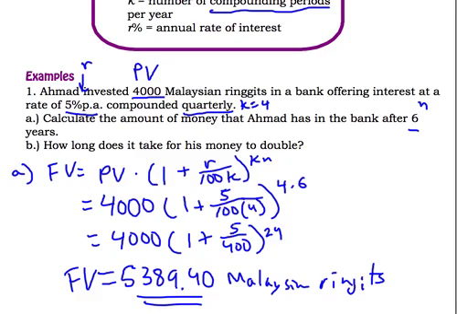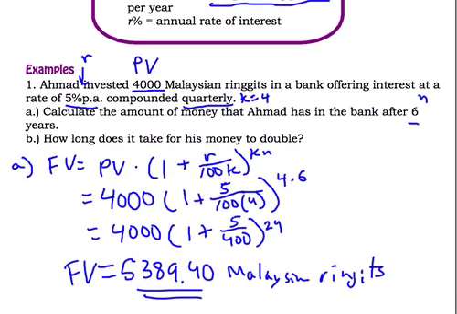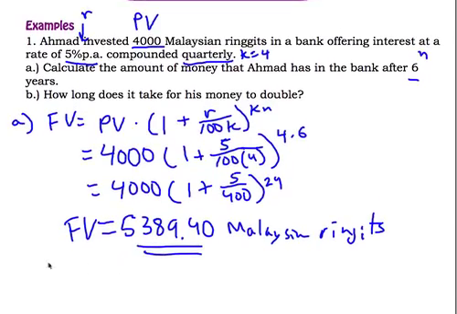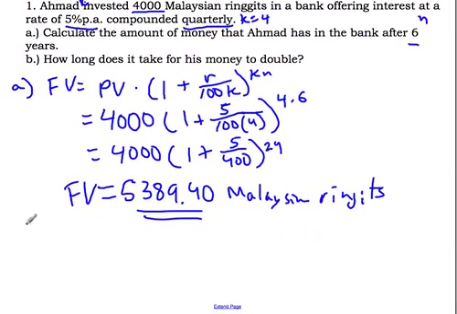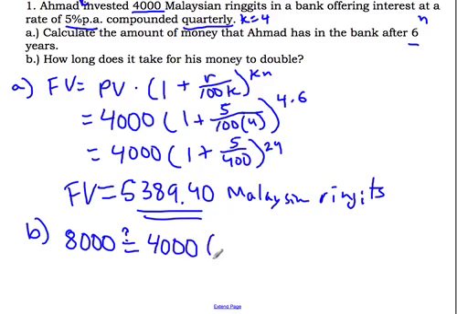Now part B says how long does it take for his money to double. So that's the doubling time. That's very important. Investors are very interested in that kind of thing. So how long will it take his investment to double? We started off with 4,000, so it doubles when the amount is 8,000. So when does 8,000 equal 4,000 times 1 plus 5 out of 400?